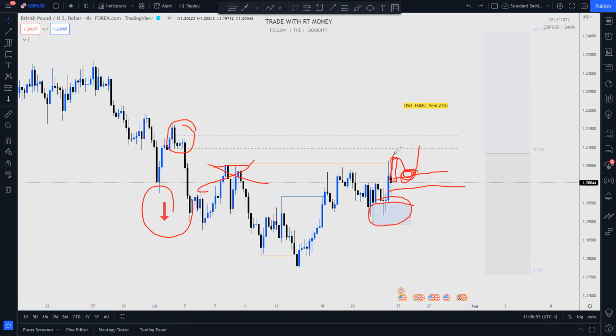Once supply is taken out, you wait for it to come back to the opposing demand zone. When supply is taken out, you look for the demand that's responsible for it, the one that's left behind, and you take that high probability trade to the upside. That's when I would take trades to the upside. That's when I would take buys.